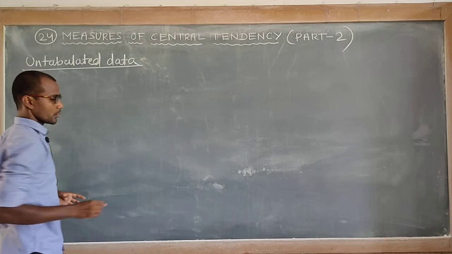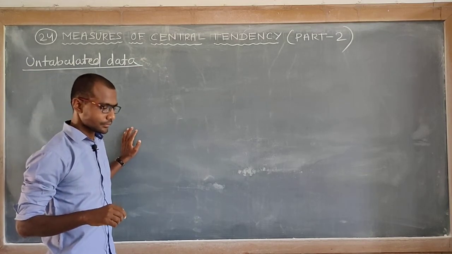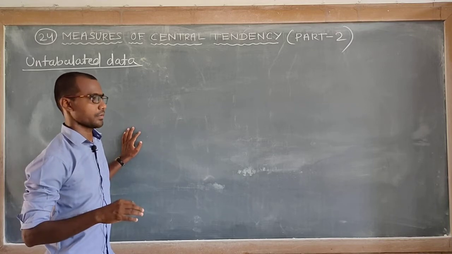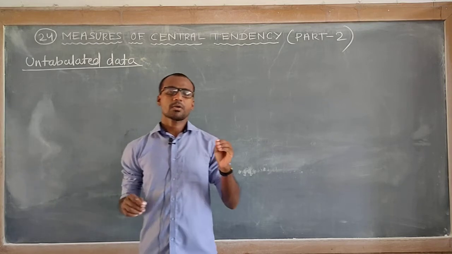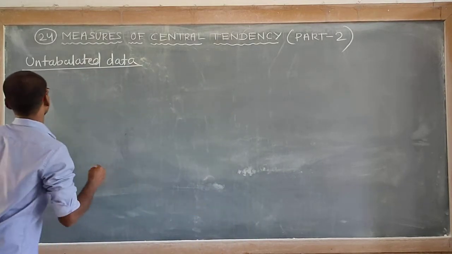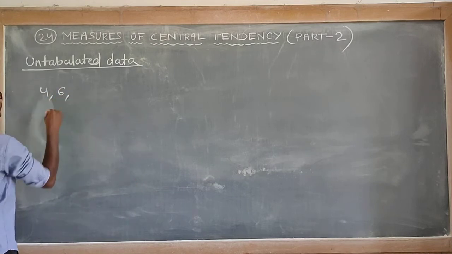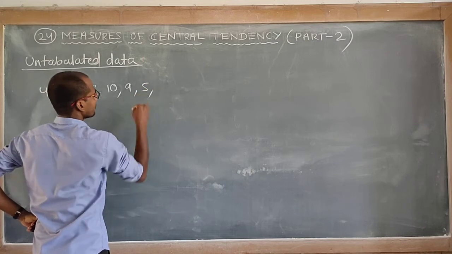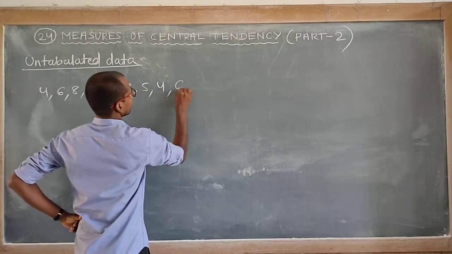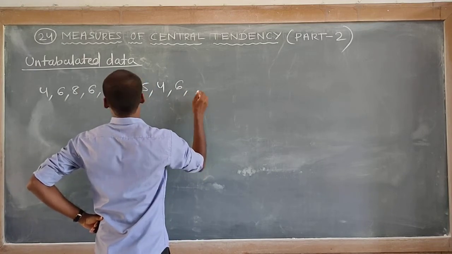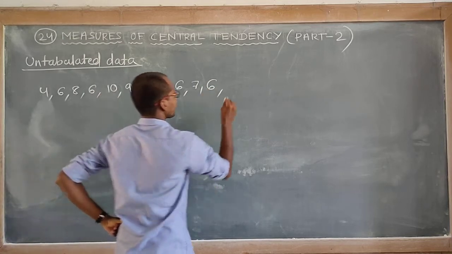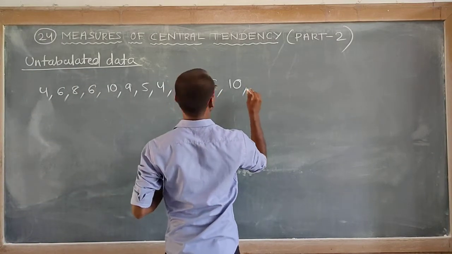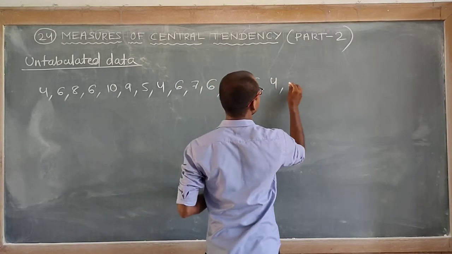First is untabulated data. Let us take an example. Suppose I will take marks secured by children out of 10.